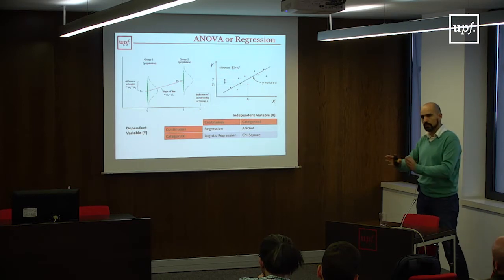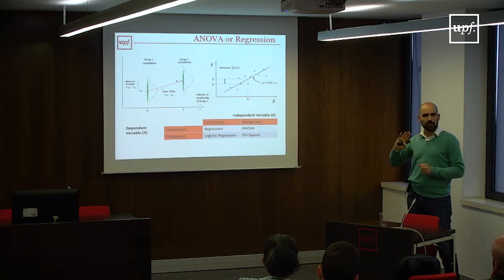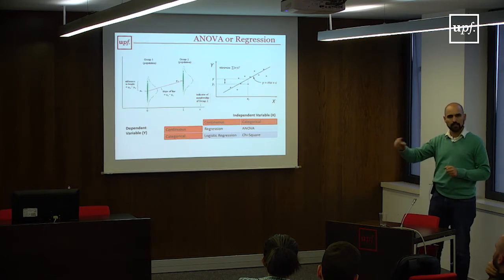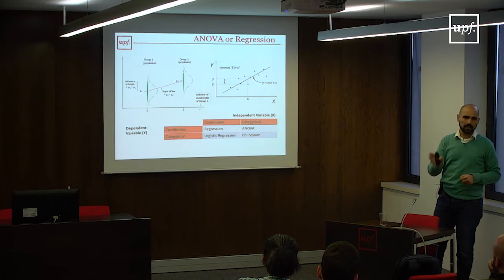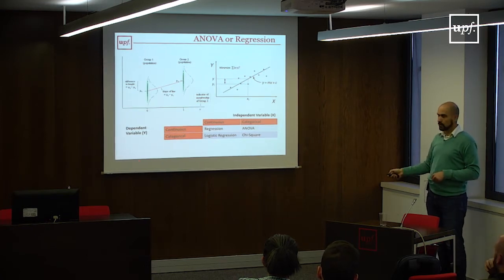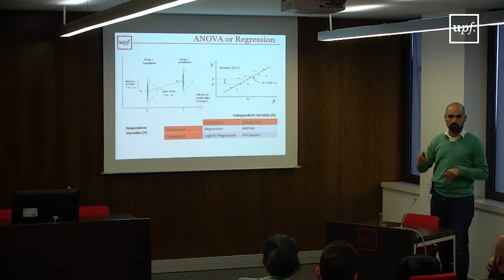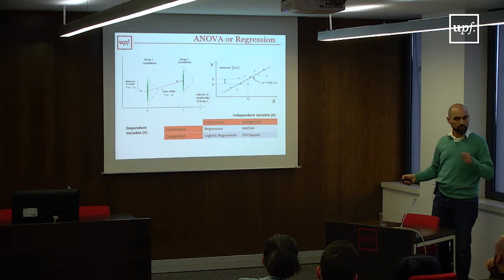If my subjects are taller than 1 meter and 60, I classify them as tall. If they are shorter, I classify them as short. The dependent is categorical, tall or short. The independent is continuous.